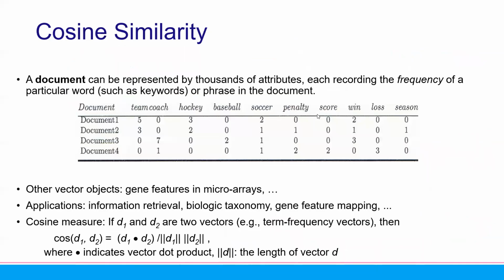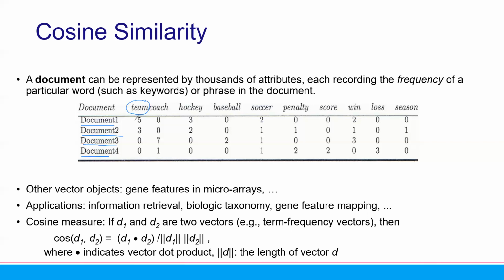We have another kind of similarity, the cosine similarity. This cosine similarity is a kind of similarity between numerical attributes, and we want to measure it. In this case, we have document 1, document 2, document 3, and document 4, and in every document I want to see how many times the word theme appears.